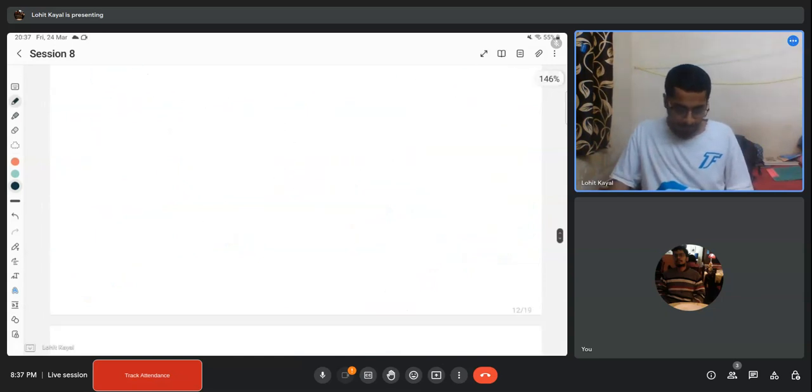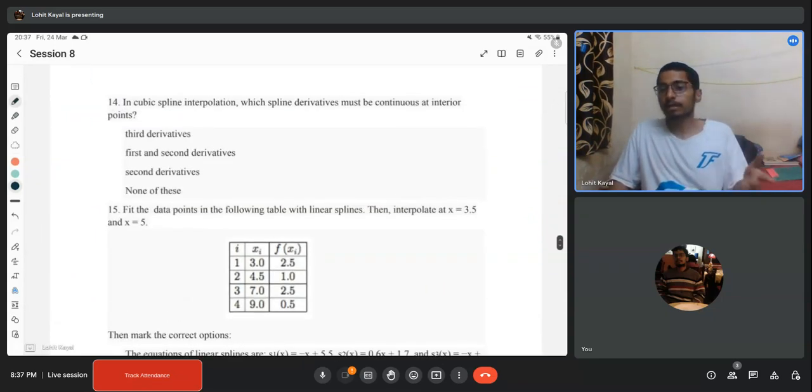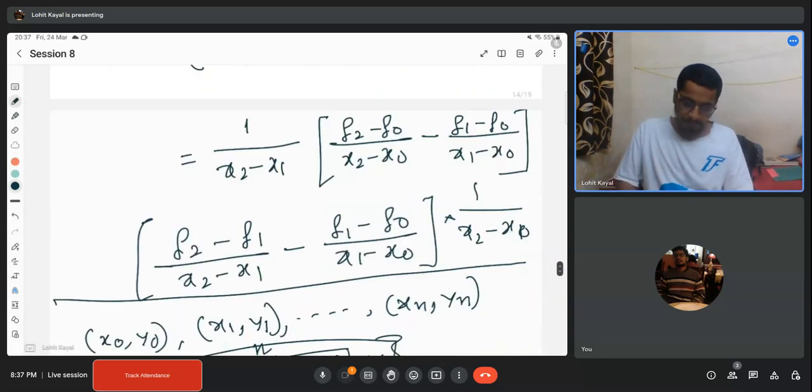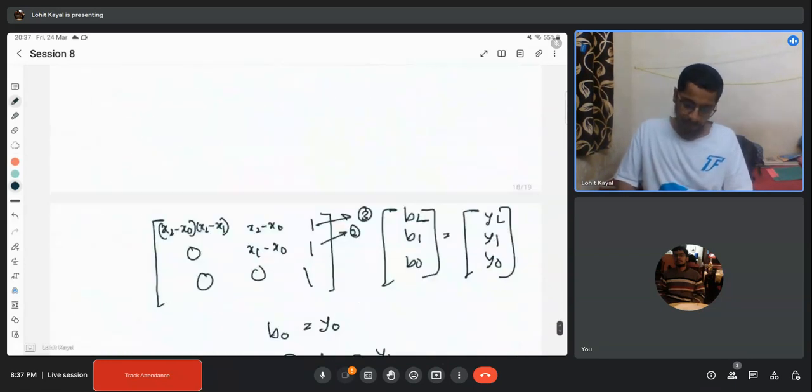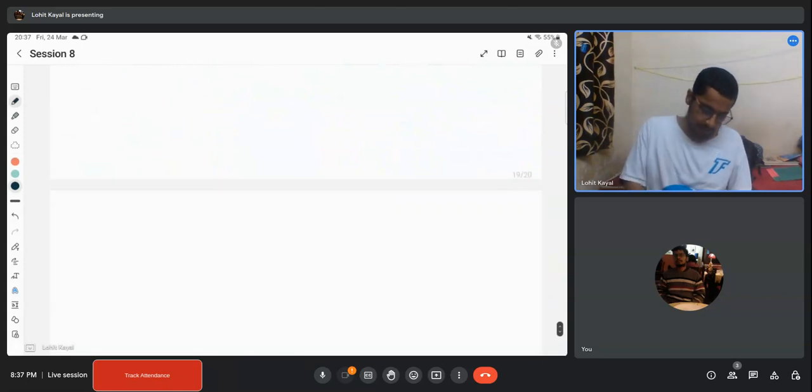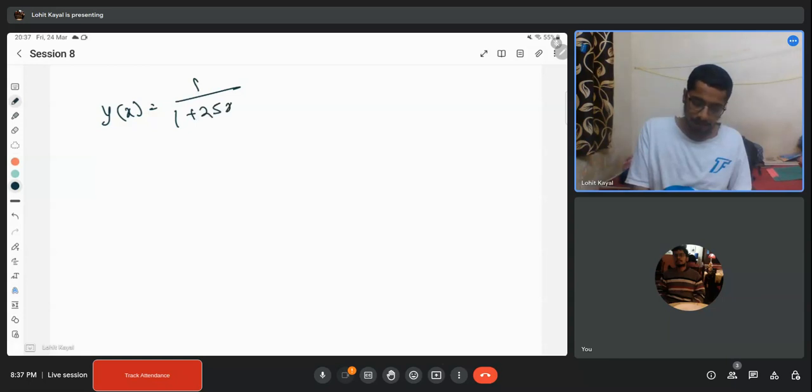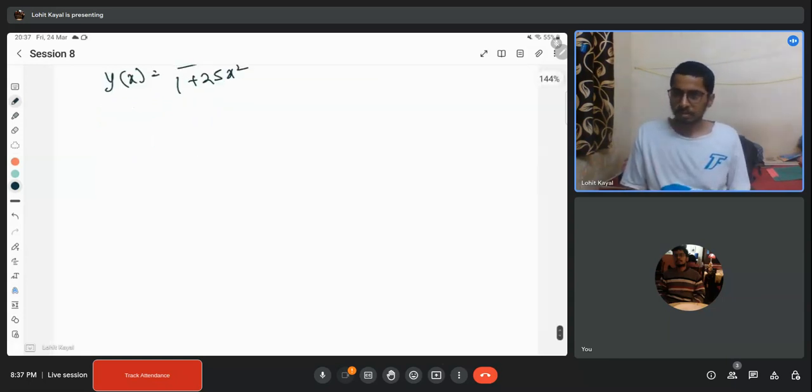Now, I have told that if I increase the order of the polynomial, it is not always guaranteed that I will find a good solution. So if I have a function like this, that is y equal to 1 by 1 plus 25 x square, I will show an animation.